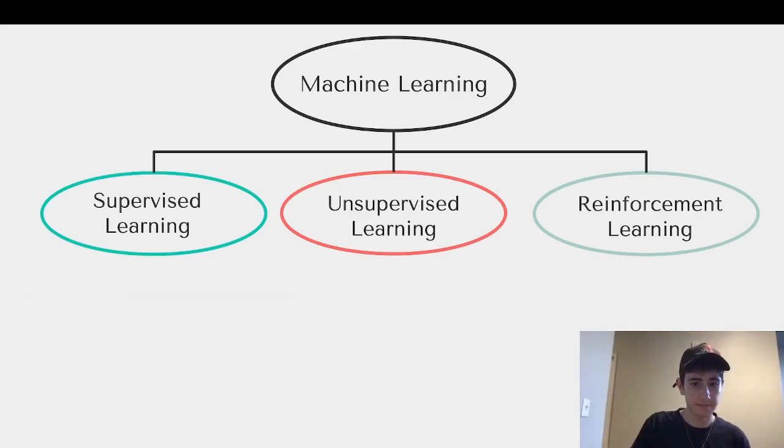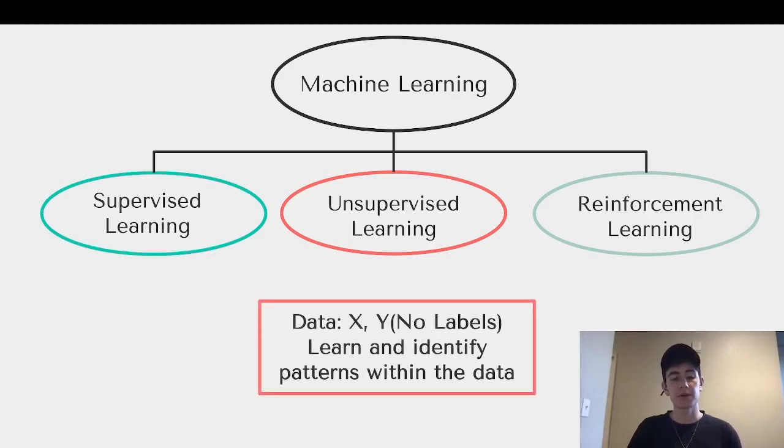Unsupervised learning is being presented with x and y having no labels, and learning to identify patterns within the data. So this is looking at some data and identifying patterns. This might be clustering or looking at the different correlations between the data. While supervised learning is like regression, trying to find a line of best fit.